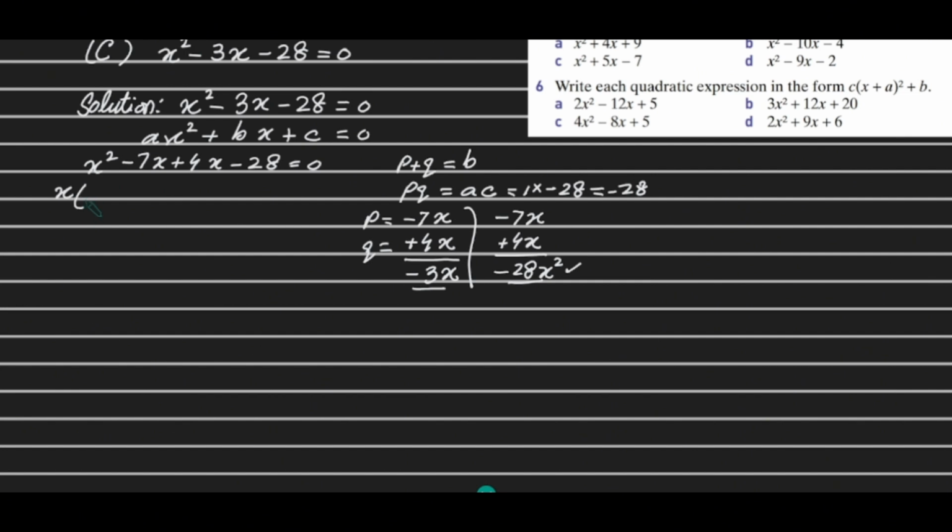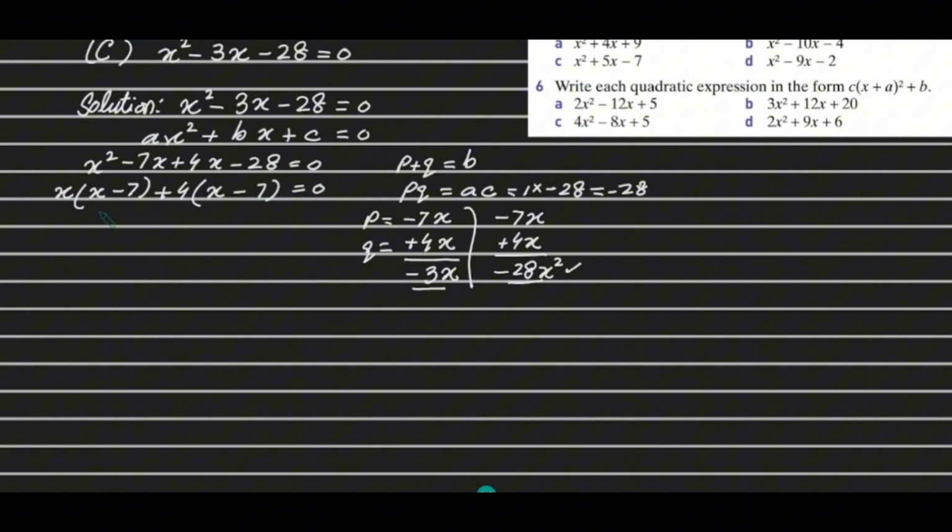We write x squared divided by x, we get x. Minus 7x divided by x, we get minus 7. Here in these two terms, plus 4x minus 28, we get 4 as common. We write 4x divided by 4, we get x. Minus 28 divided by 4, we get minus 7.